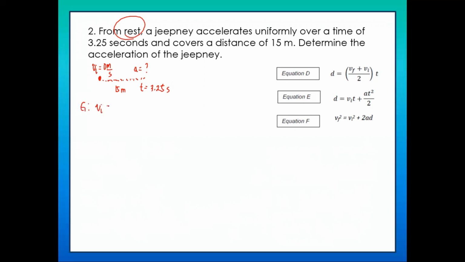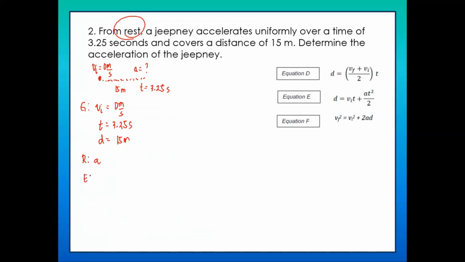V sub I, 0 meter per second. Kasi that came from the word rest. Okay? Our time is 3.25 seconds. And the distance is 15 meters. We are asked to compute for the acceleration, okay, of the jeepney.